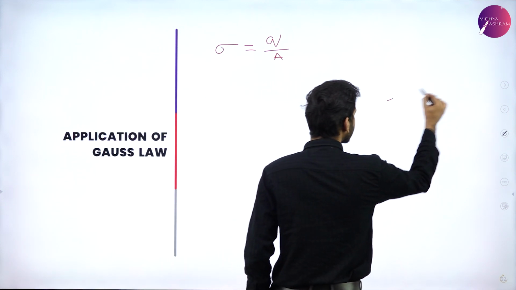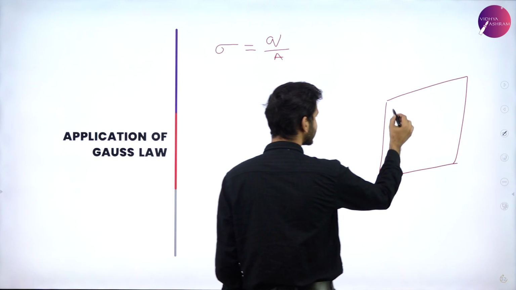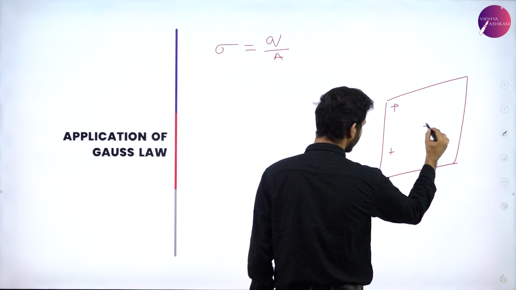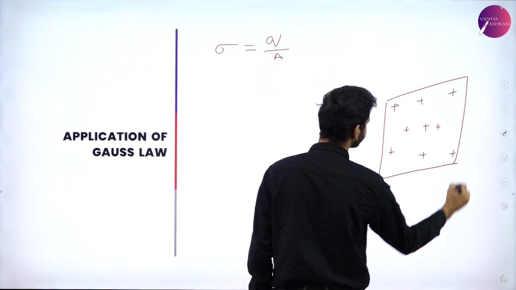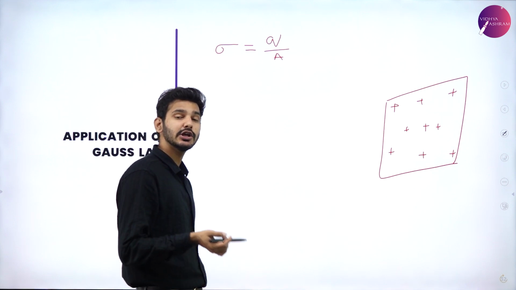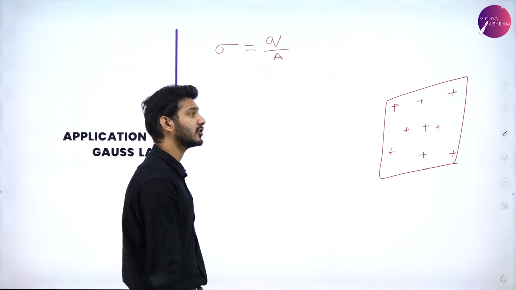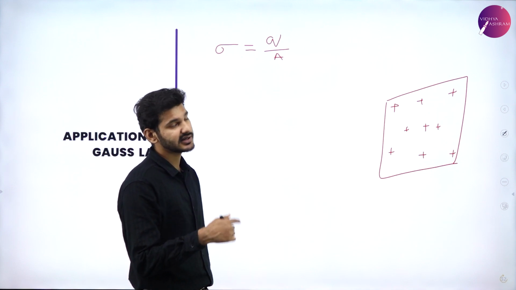So we considered a sheet of paper or a plane sheet which is positively charged throughout, which is evenly charged. And so what will be the electric field due to a plane sheet which is positively charged or negatively charged? The only difference will be the signs will interchange.